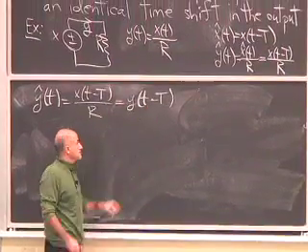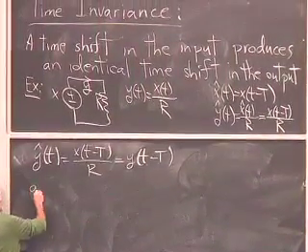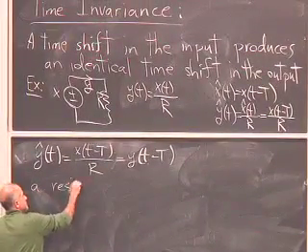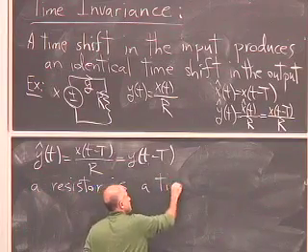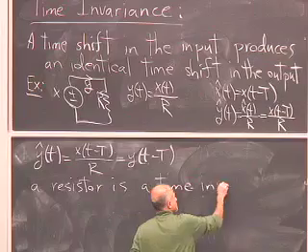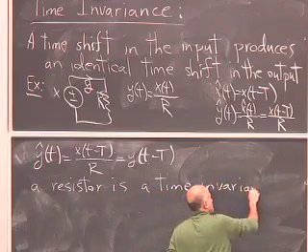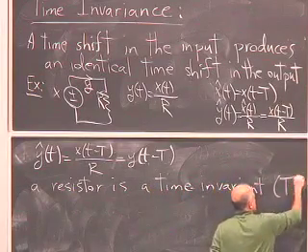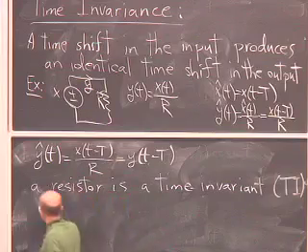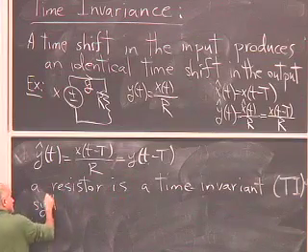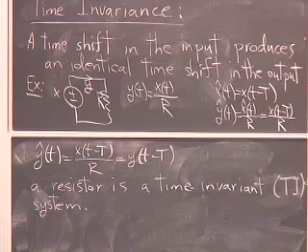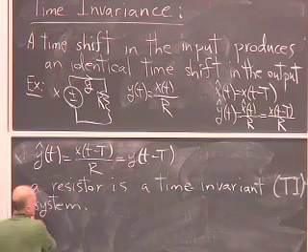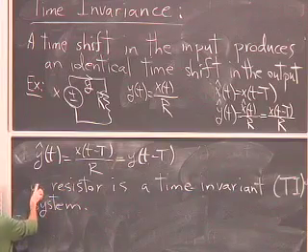So a resistor is a time invariant system. Or at least this model of a linear resistor. I should say this resistor.